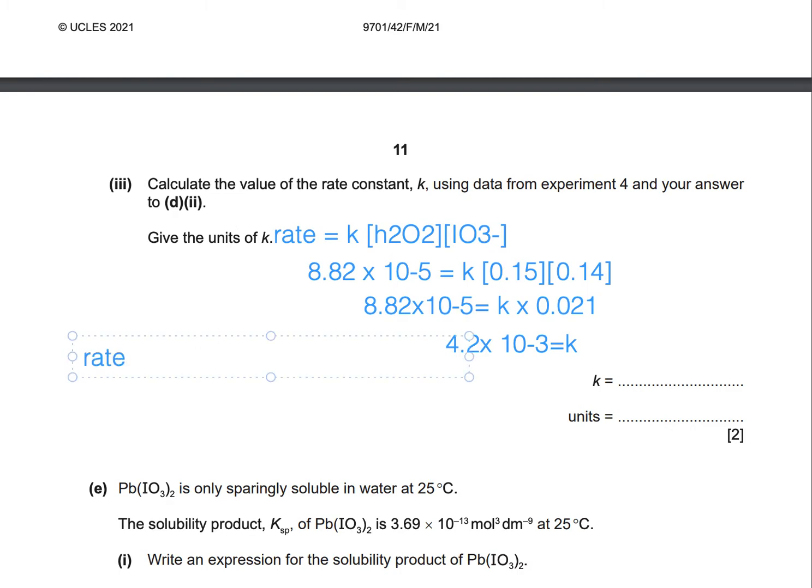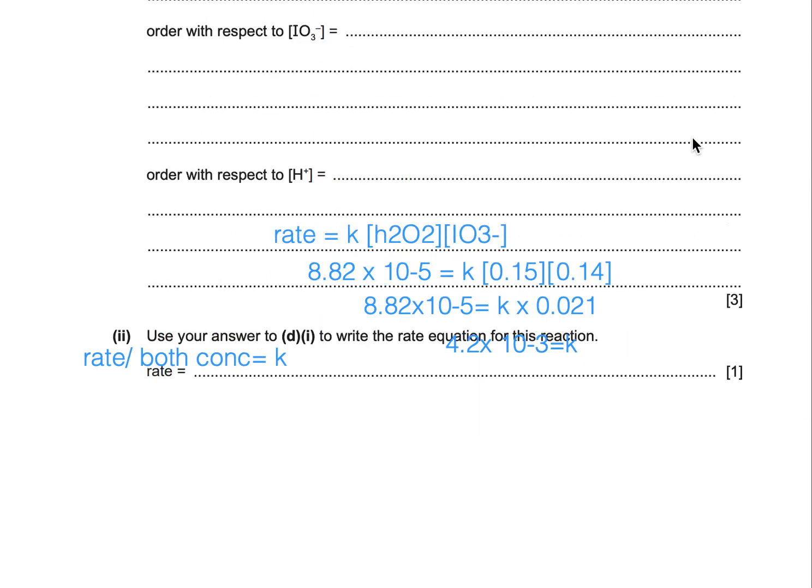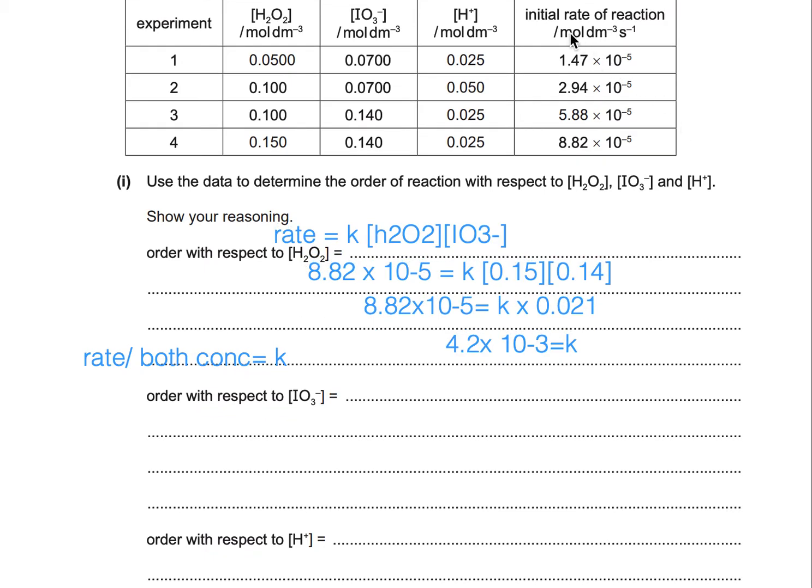It's rate divided by the concentration of both of these, the concentration of H2O2 and the concentration of IO3, which is equal to the units for k. So what are the units for rate? If you don't know, they're written over here, which is moles per dm cube per second.